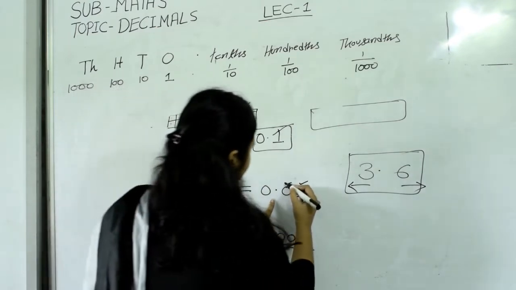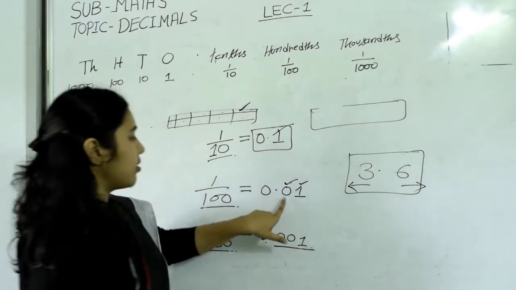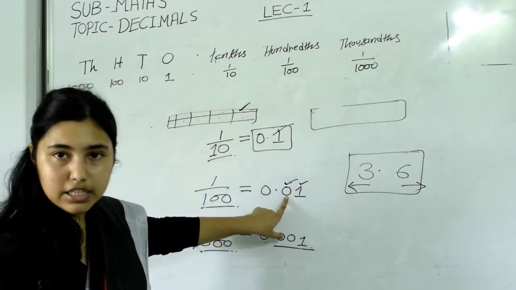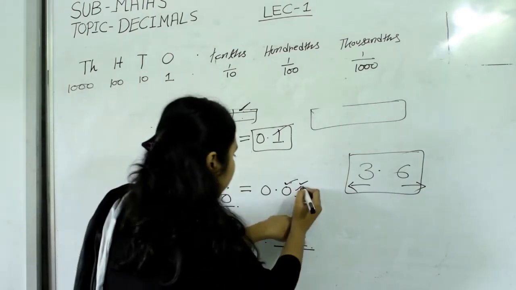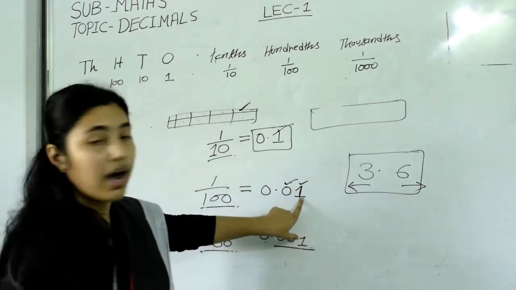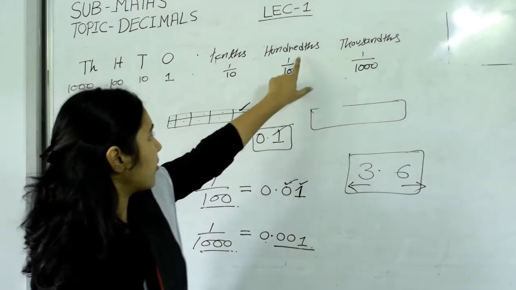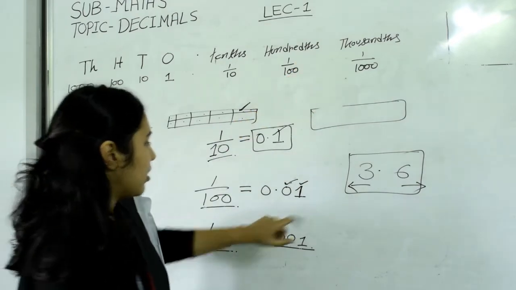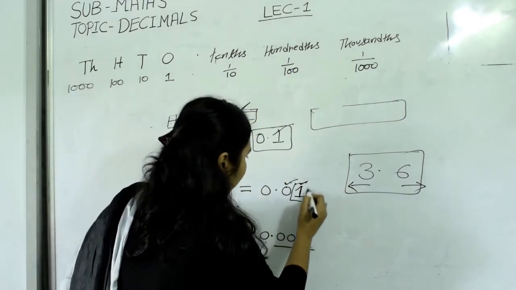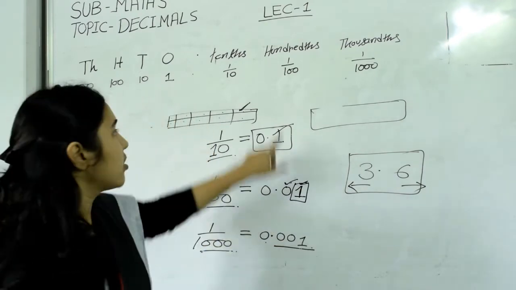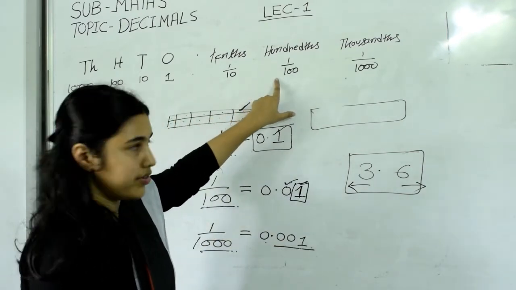Next, this is the tenths place and this is the hundredths place. Here, the place value of 1 is 1 by 100.